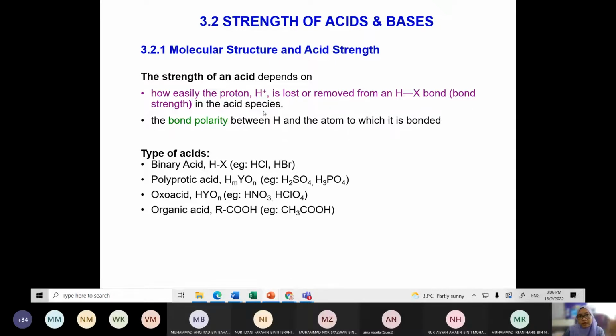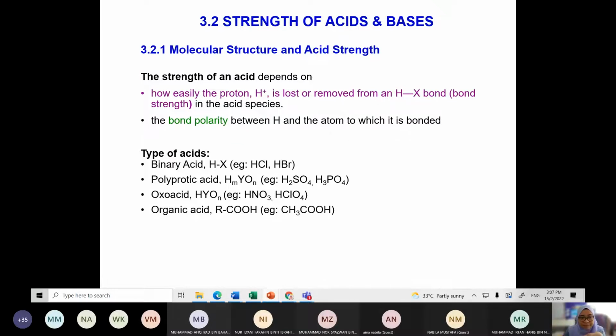Earlier on we had the definition of acid. Now we will look into the molecular structure of the acid itself. We know that an acid normally contributes H plus, a hydrogen, or proton, attached to the molecule.